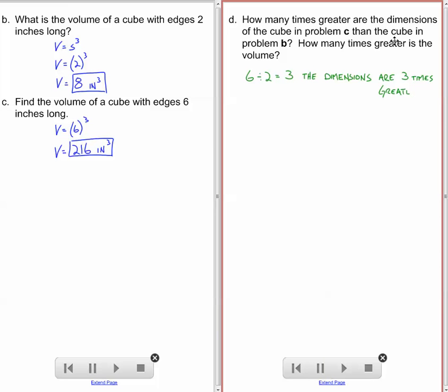Then it says how many times greater is the volume? Well, 216 is a lot more than 3 times greater than 8. It's actually 27. So the volume is 27 times greater.